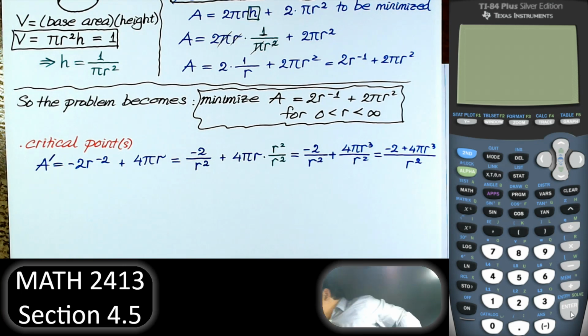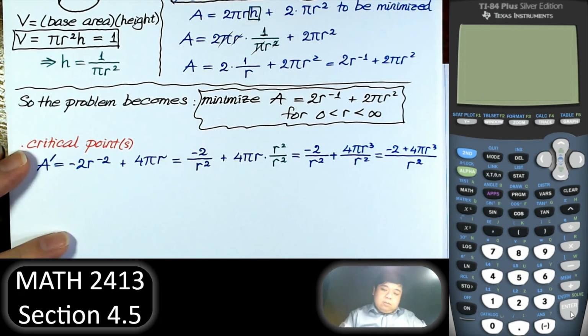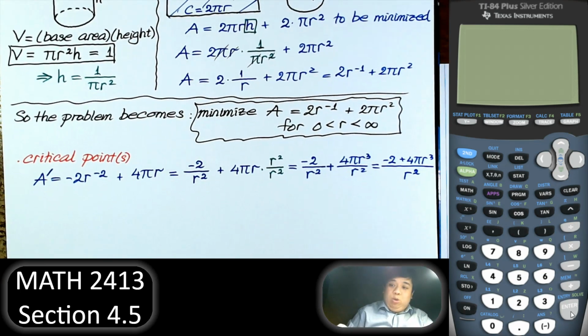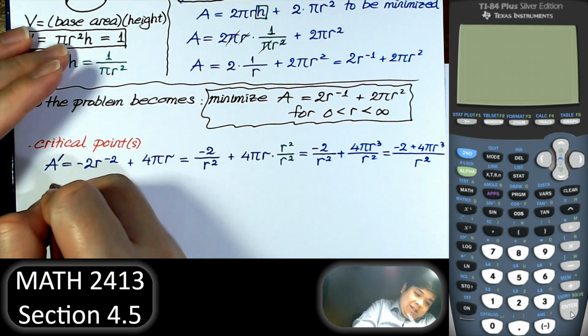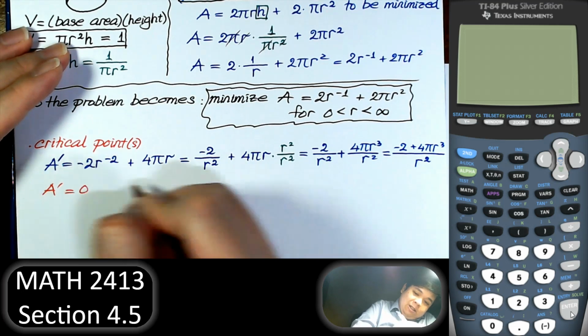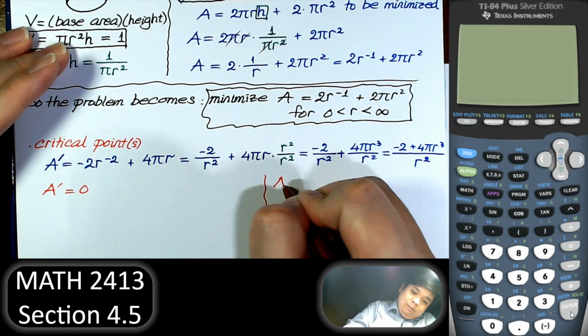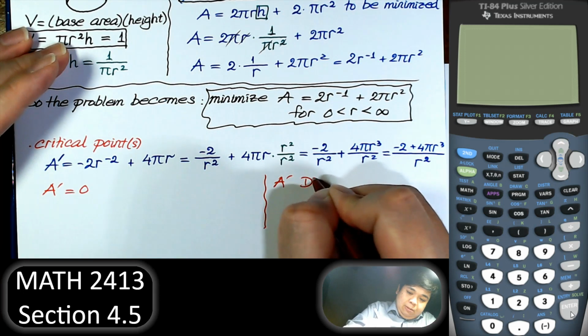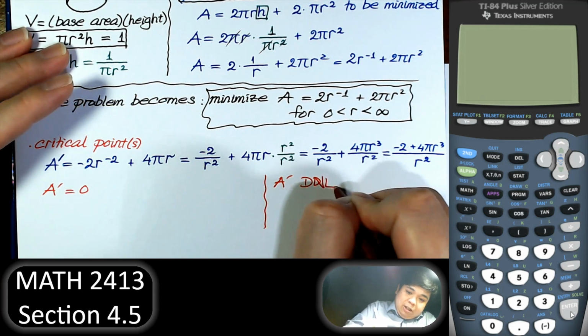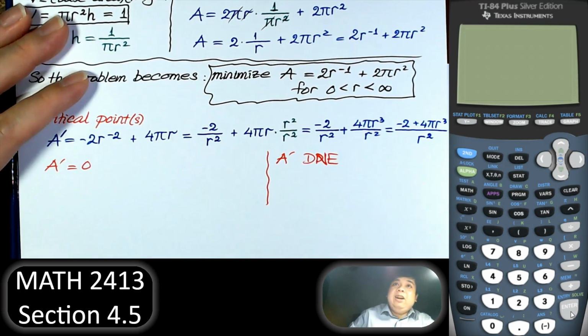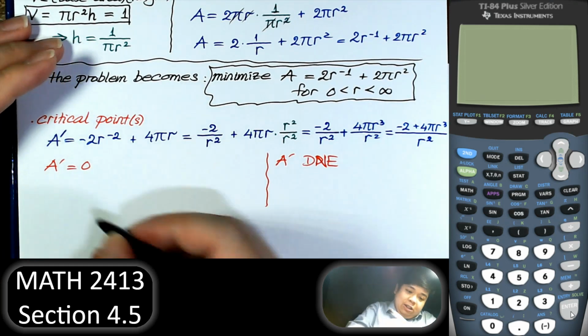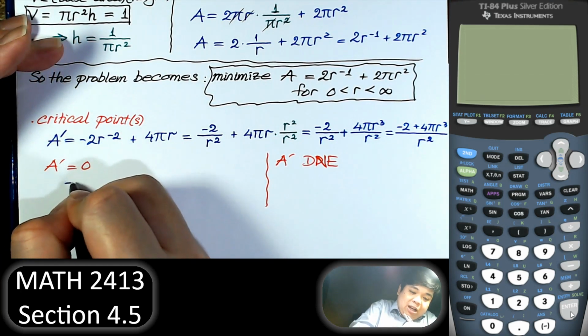Then of course we set it equal to 0, or where it does not exist. So the math here is not that complicated.